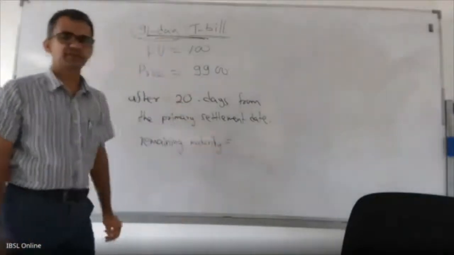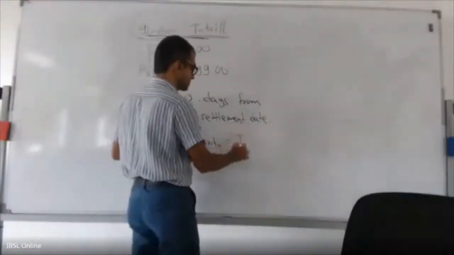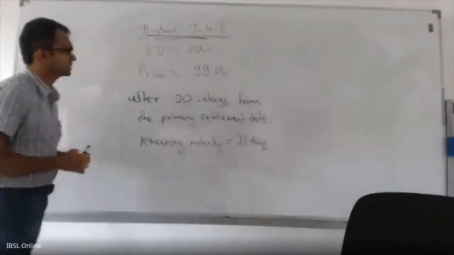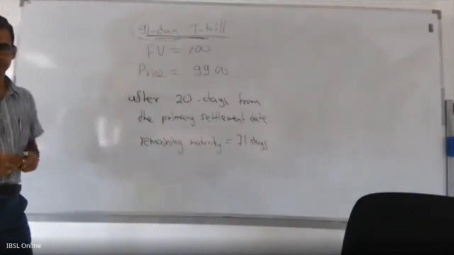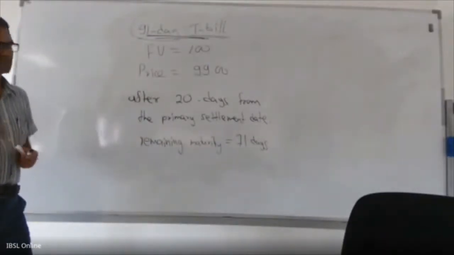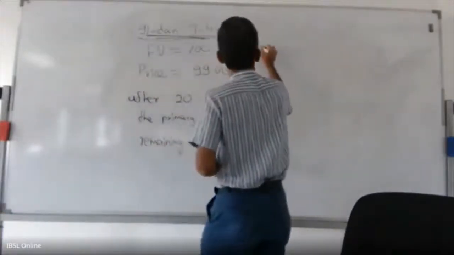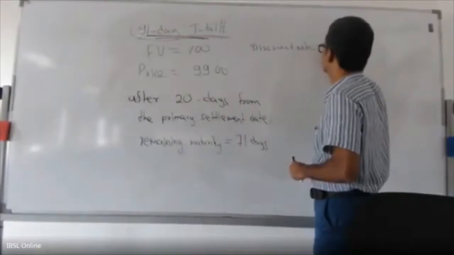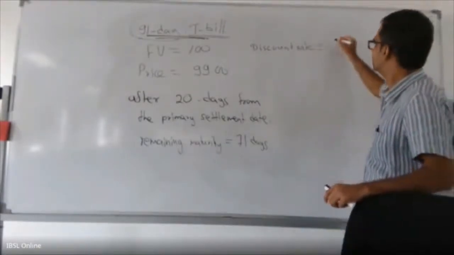What is the remaining maturity period? 71 days. Now still assume you pay 99 rupees. What is the discount rate? Still the same equation.